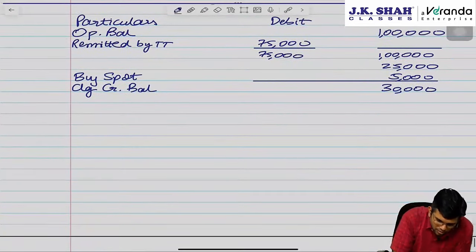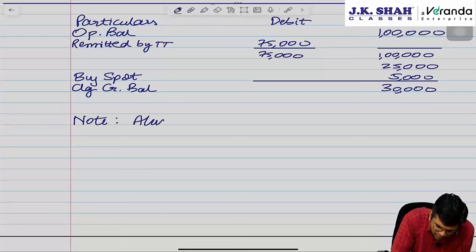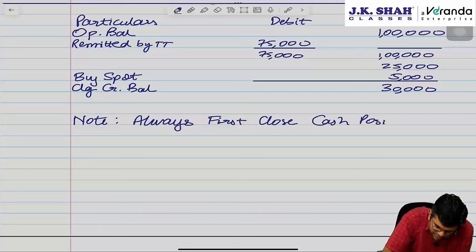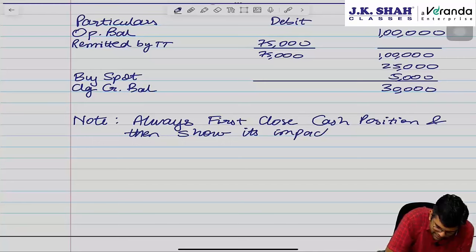So I'll write here note, always first close cash position and then show its impact on exchange position.